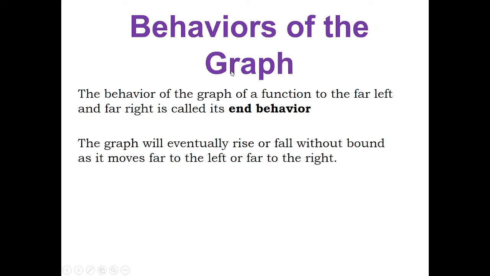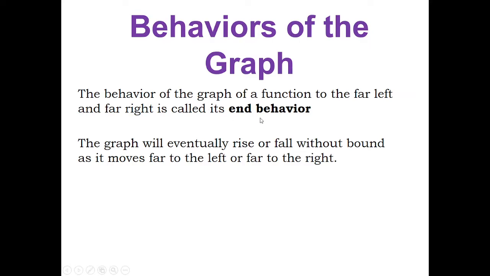Now, another important thing to determine the graph is the behavior. The behavior of the graph of a function to the far left and far right is called its end behavior. Di ba, ang graph ay merong dalawang dulo.